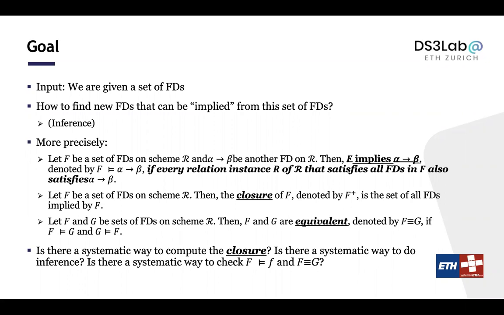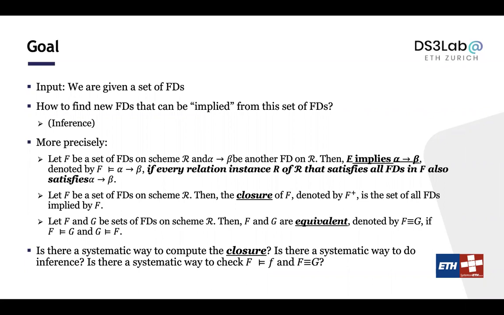So one fundamental question that we want to understand is whether there is a systematic way to compute the closure. That is, you give me F. Is there a systematic way for me to compute all functional dependencies that can be implied by this set F? Is there a systematic way to do such inference?